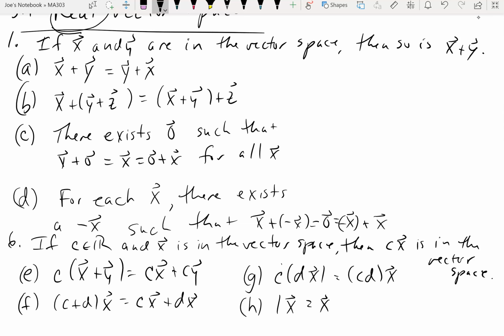So it's also a closure idea. Again, the idea of being closed is just making sure that your operation is well defined. I don't want to take a real number, multiply it by a vector, and end up with a grapefruit.